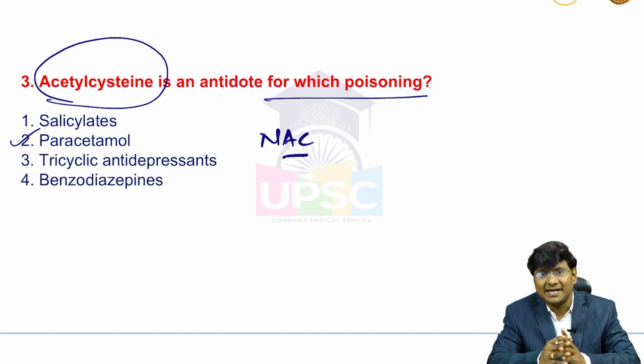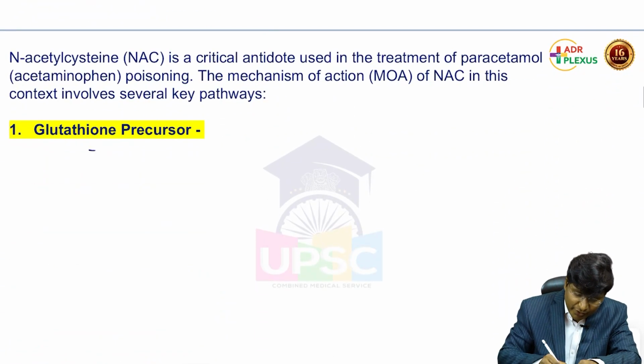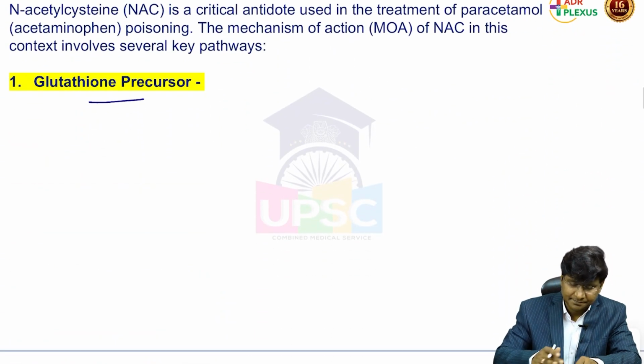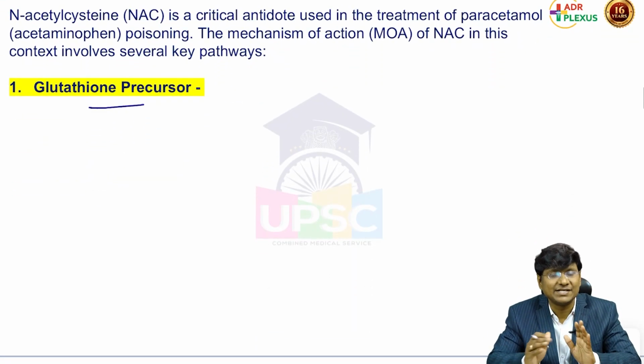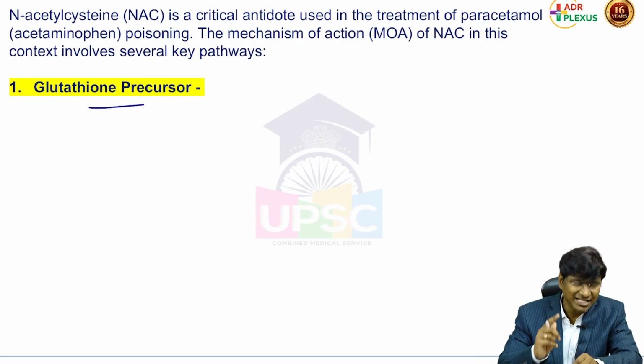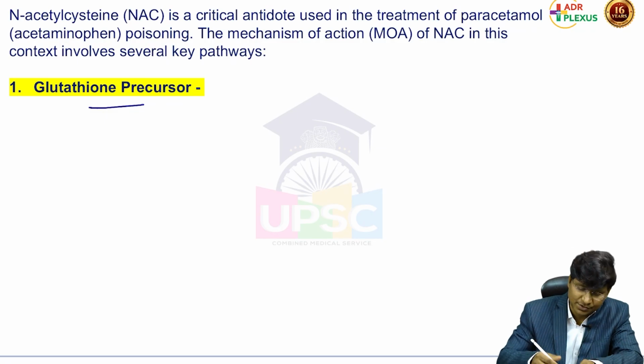Now, the mechanism of action of N-acetylcysteine is that it acts as a glutathione precursor. Now, what is the use of this glutathione precursor? In paracetamol poisoning, an intermediate toxic substance is produced.